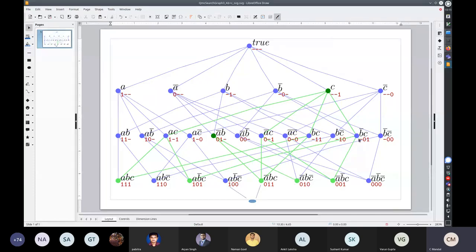Each node in the next higher level can be created from a pair of nodes from the lower level. For example, A bar B is created from A bar BC and A bar BC bar. So these two are adjacent.